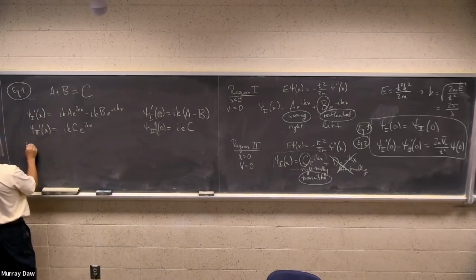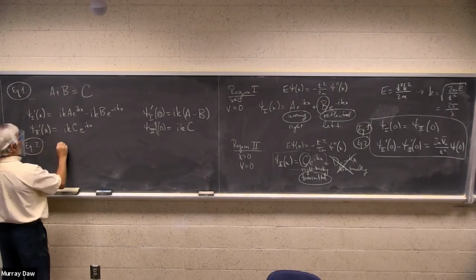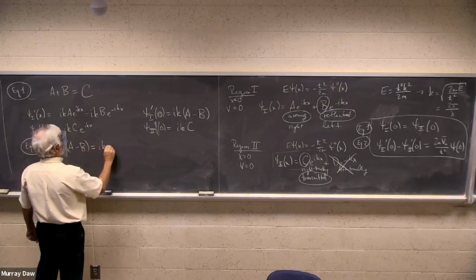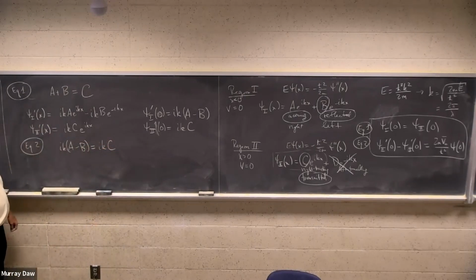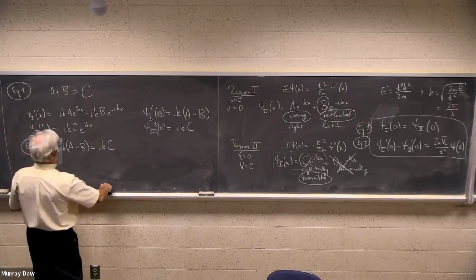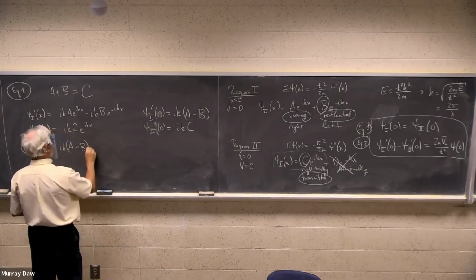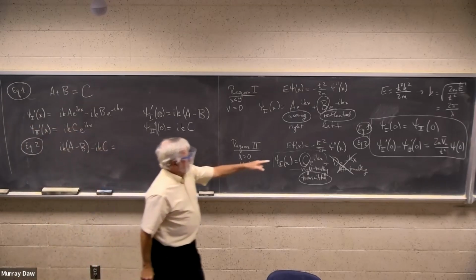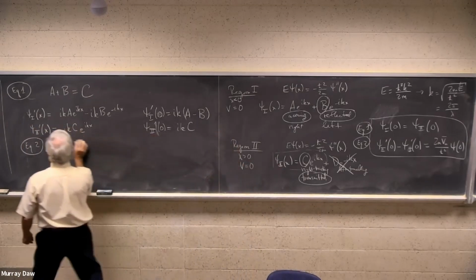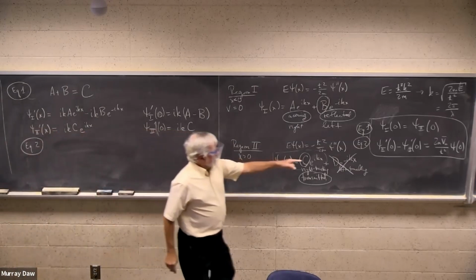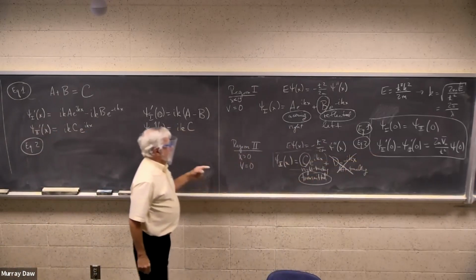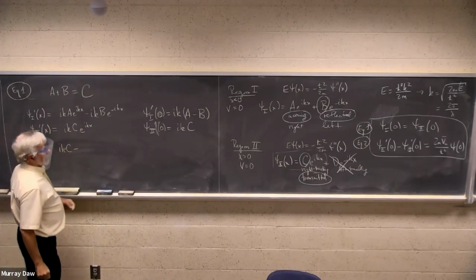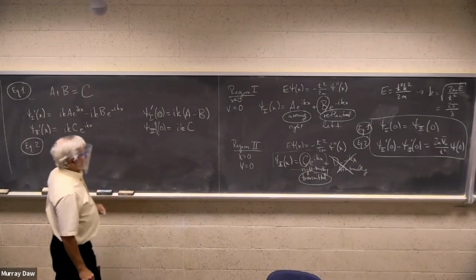So equation 2 starts off like this: IKA minus B is equal to IKC. Oops, excuse me. Minus IKC is equal to, right? Subtract off, I did it backwards. Psi prime in the second region is IKC. And we want to subtract off psi prime from the first region.